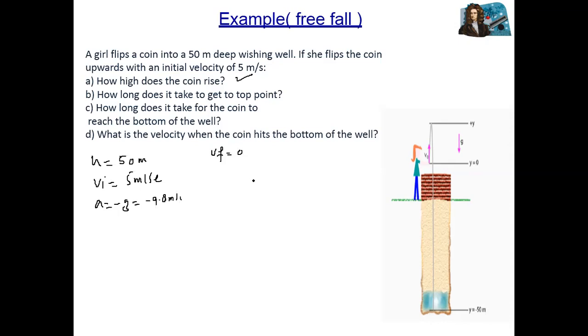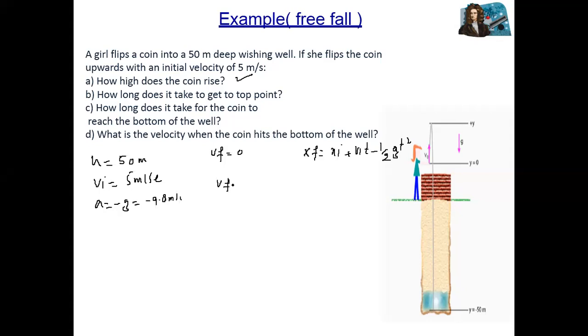So with the help of the second equation, you can find the maximum height. We have xf or yf is equal to xi plus Vit minus half gt square. But we don't know the time here, so you can find time from the first equation.